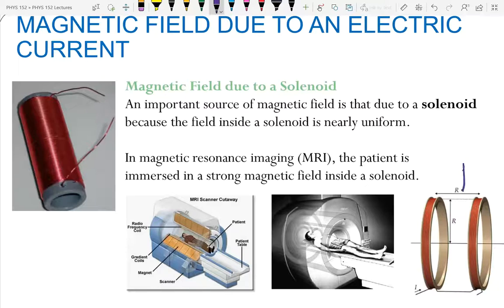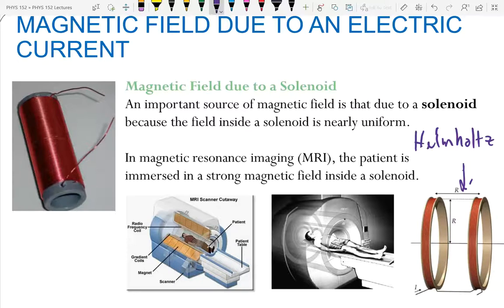This here is a special kind of coil called a Helmholtz coil. Oops, second H is not capitalized. The Helmholtz coil is designed so that you have two separate coils separated by a distance equal to the radii of the coils.